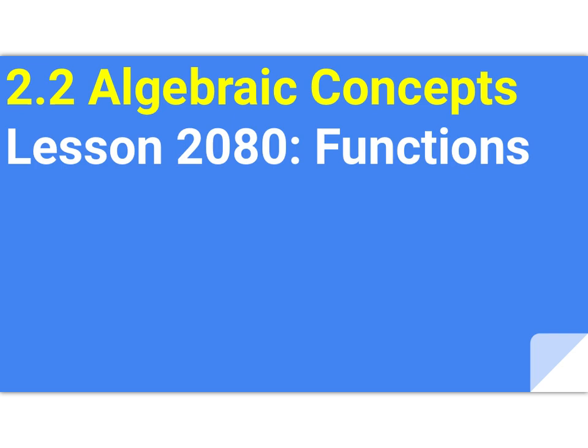I'm not going to tell you exactly how many lessons, but we go from 80 to about 118, 119, maybe 120. That gives you about 40 lessons, aside from the previous 6 or 7 that we looked at. So we have 40 to 45 lessons dealing strictly with functions. Functions are a big part of algebra.